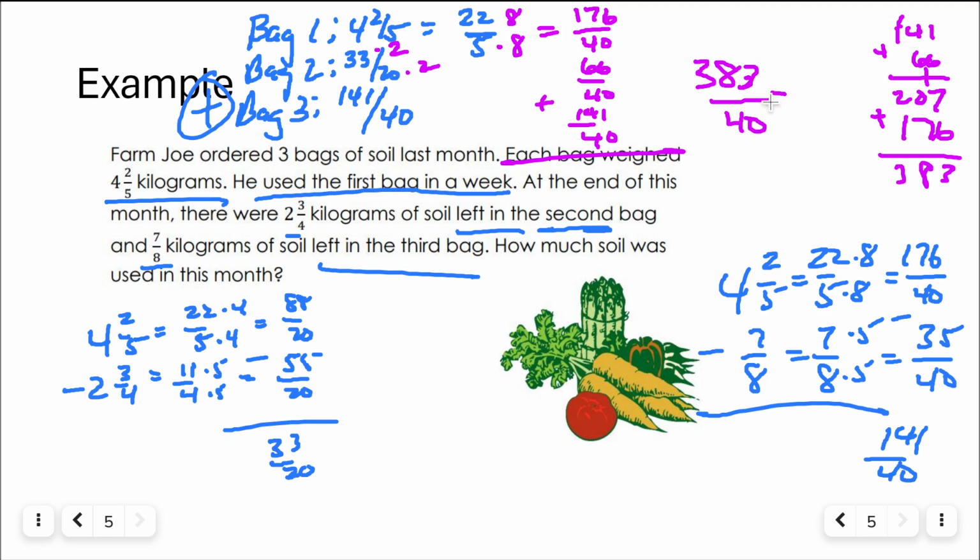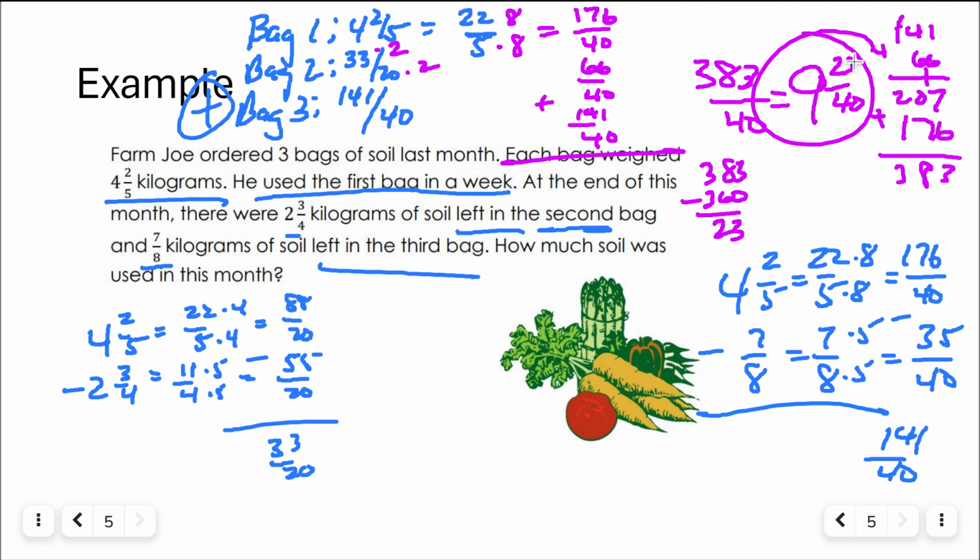Now I got to go back to a mixed number. 40 goes into 383. 9 full times. 9 times 40 is 360. So 383 minus 360 is 23/40. 9 and 23/40 is how much soil, kilograms of soil, is what he used.